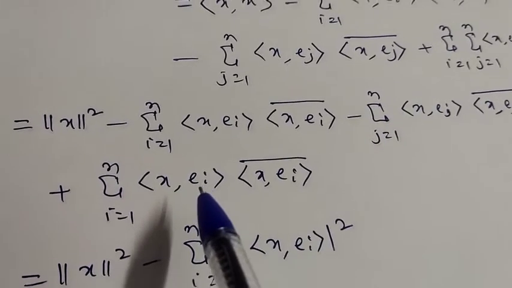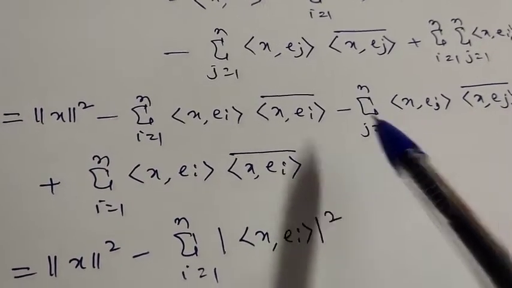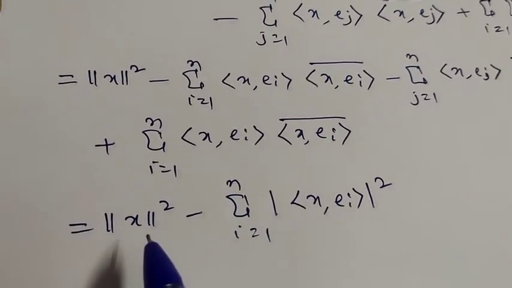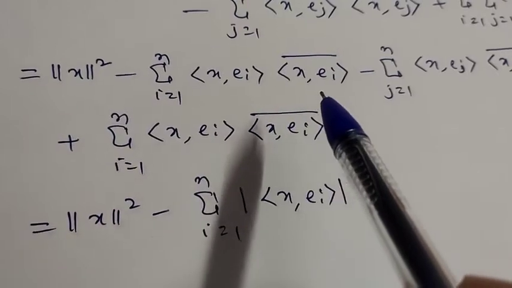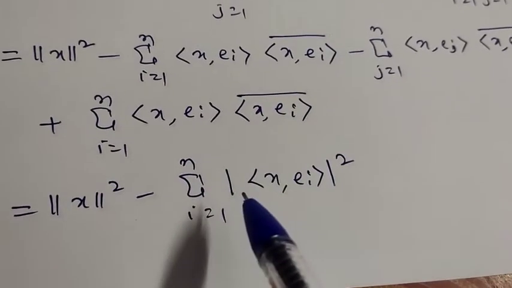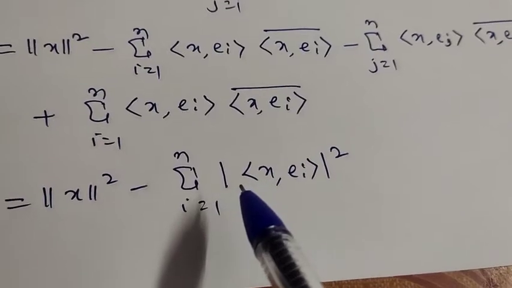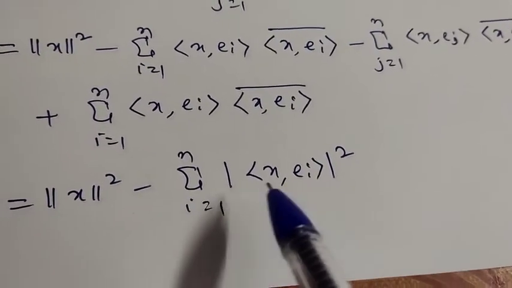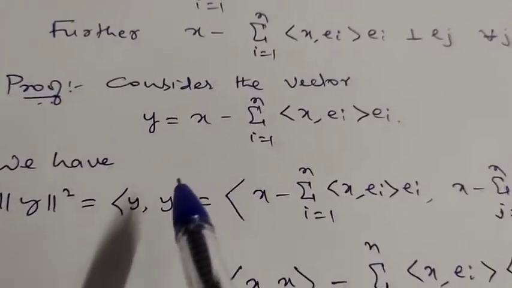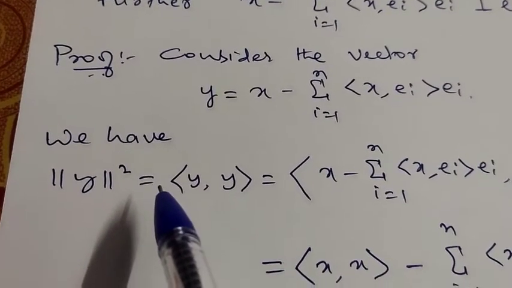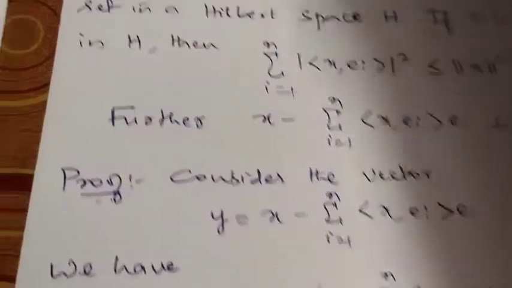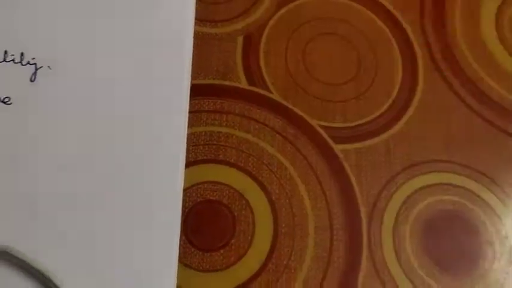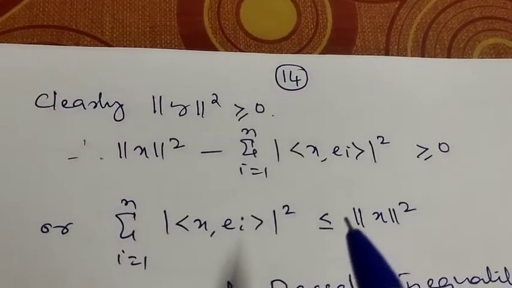Now one term cancels with any of this term, so this is equal to norm of x square minus summation i equal to 1 to n of (x comma ei) into (x comma ei) conjugate is what we can write. z into z bar is mod z square, so mod of (x comma ei) whole square. Now as I said, norm of y square is always non-negative, or simply norm of y itself is non-negative by definition of a norm. Therefore norm of y square is non-negative.